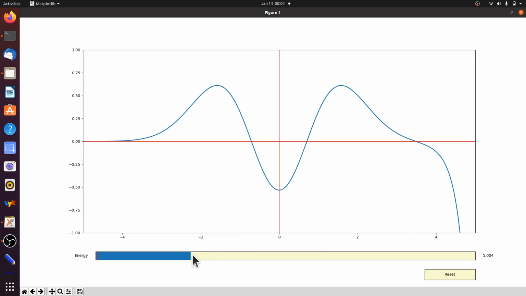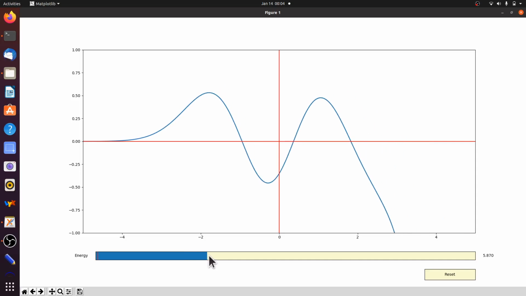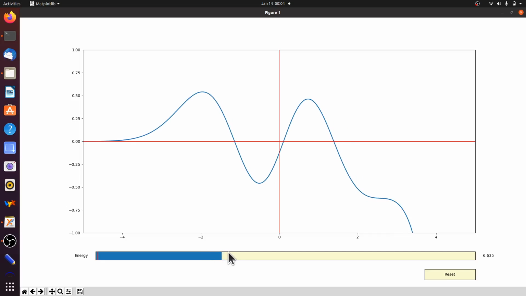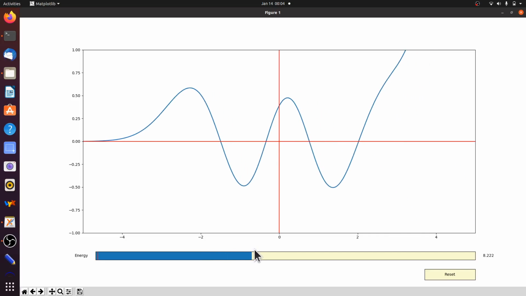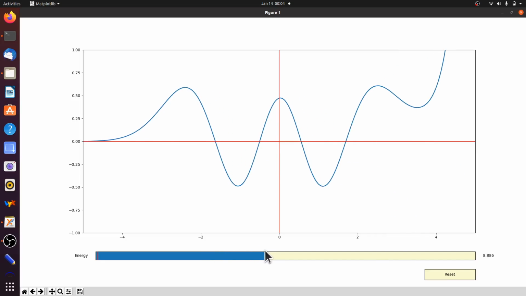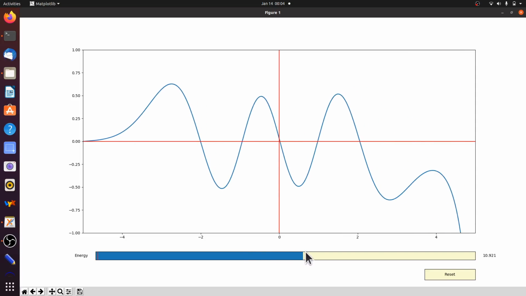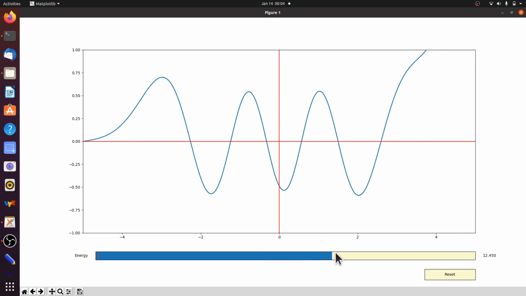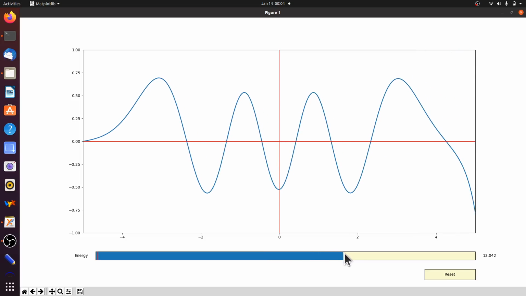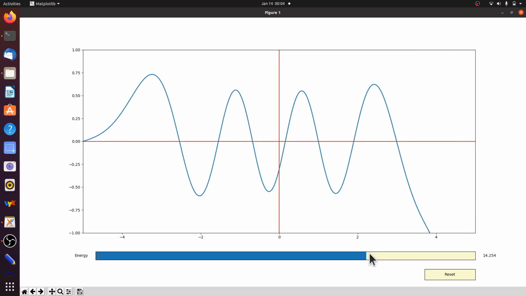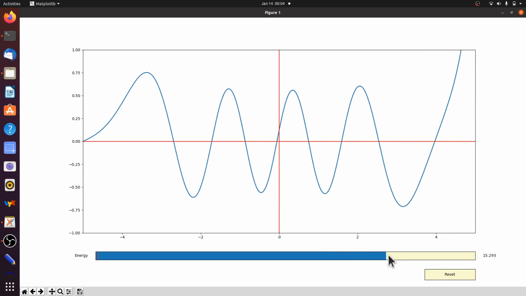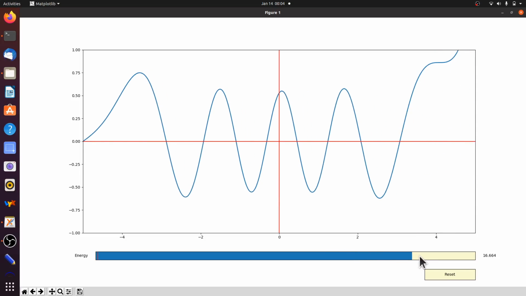You should notice that this is a very sensitive thing. Shifting this very slightly also makes this very, very different. So as I keep on moving the slider, you can see the solution going through various energy eigenfunctions, and each time adding a new node, and you can also see the even and odd character of this.